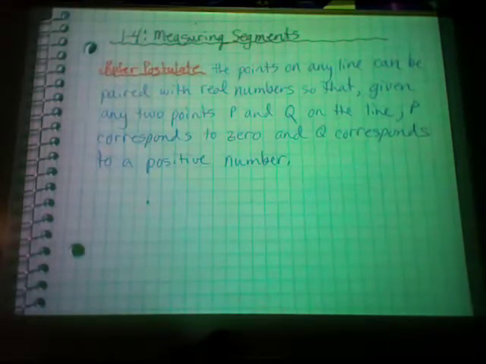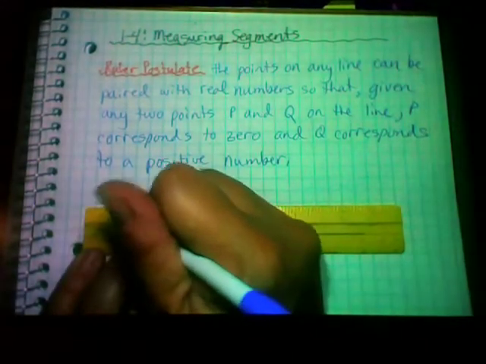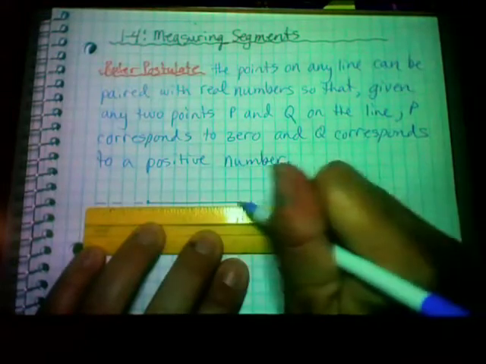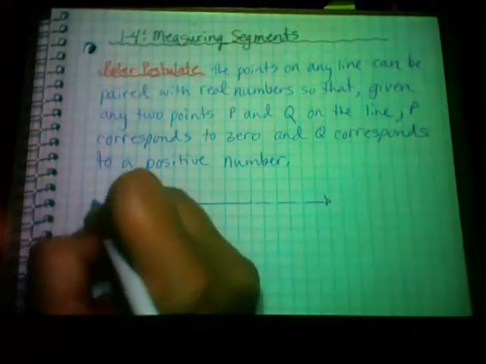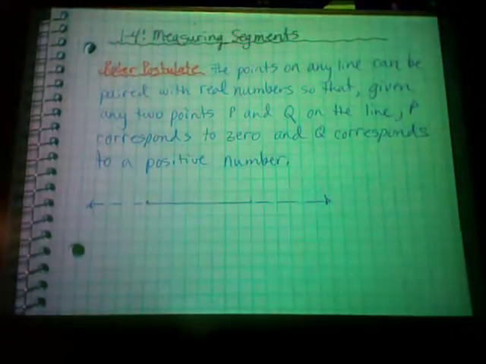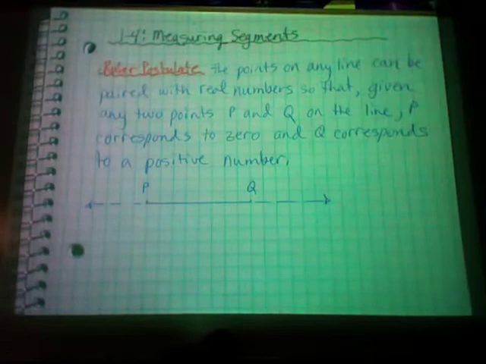And so here's a picture. Draw yourself a line. This is P and this is Q. So there are 2 points, P and Q, on that line.